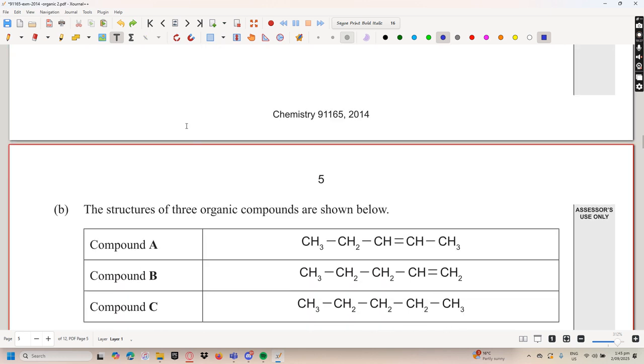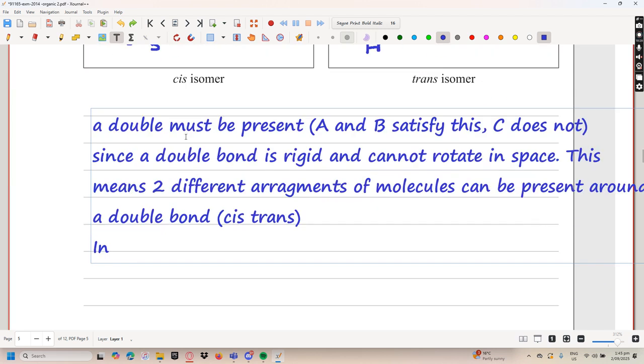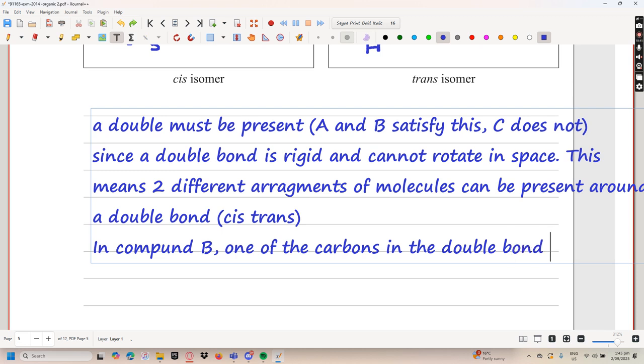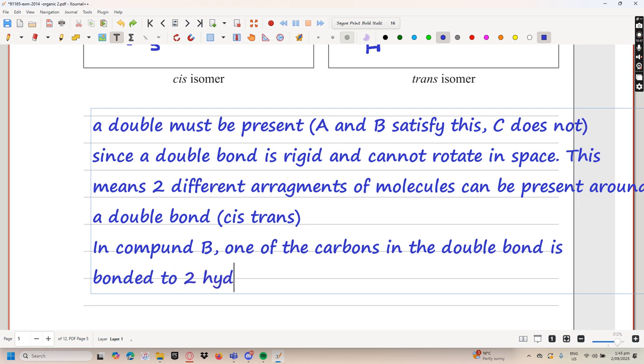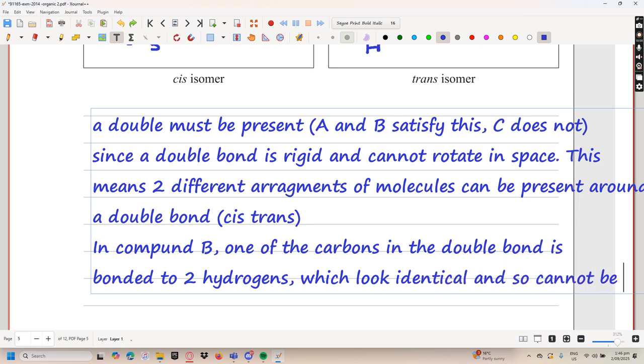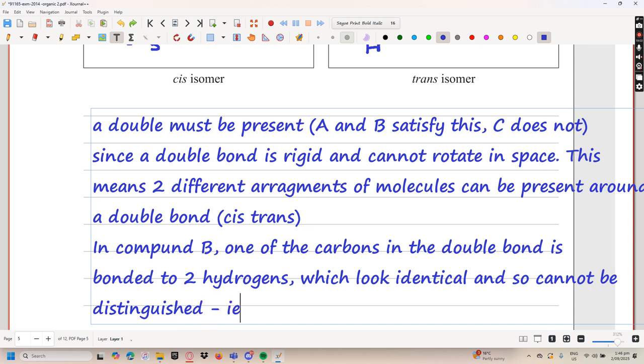In compound B though, one of the carbons in the double bond is bonded to two hydrogens, which look identical and so cannot be distinguished, i.e. the cis and trans isomers look identical.